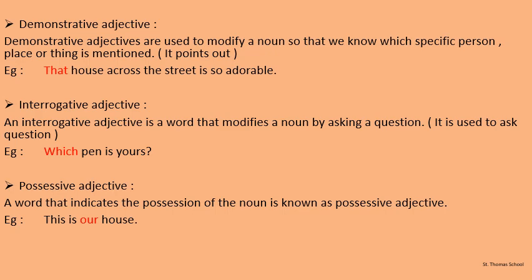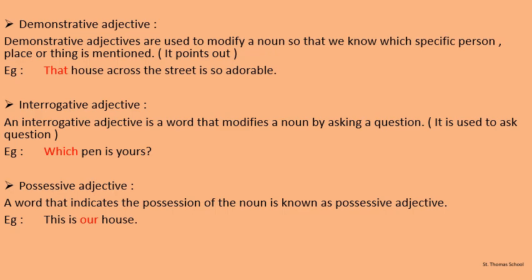Here, that house across the street. As it is used that, the speaker is pointing out with his finger a little bit far away. So in short, this demonstrative adjective is used to point out something.